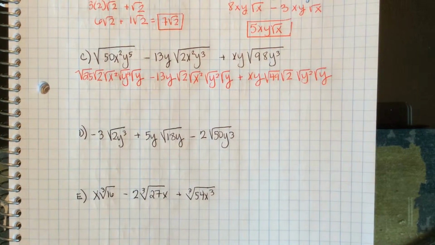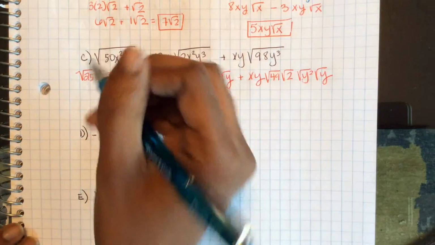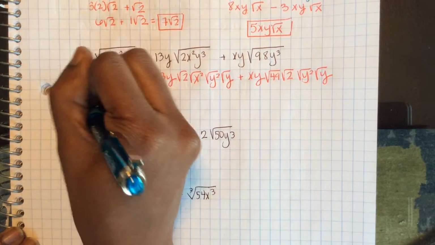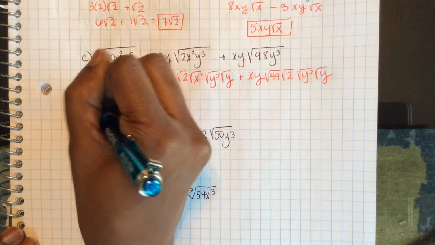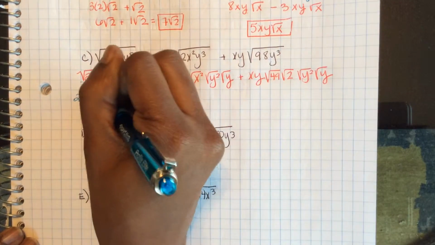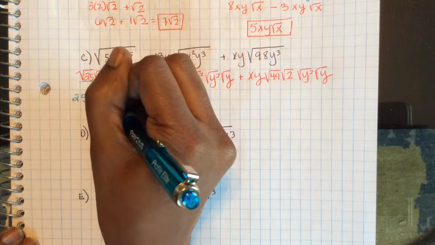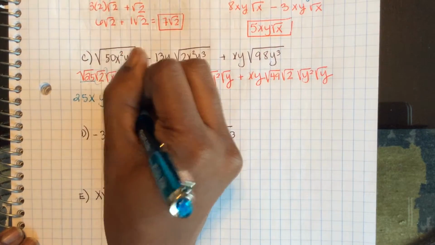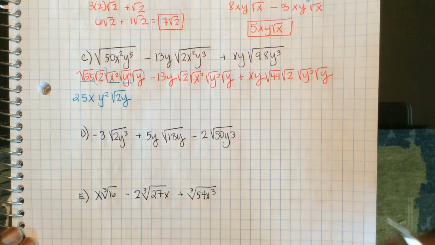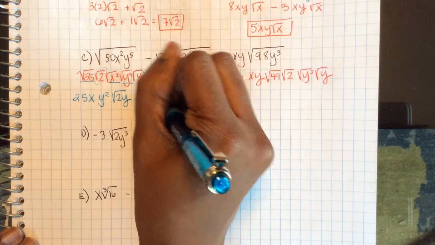So I was breaking down all of my radicals, pulling out perfect squares. Let's see what I have. So square root of 25 is 5, square root of x squared is x, square root of y to the 4th is y squared, and that leaves square root of 2y. So let's see. I have minus 13.